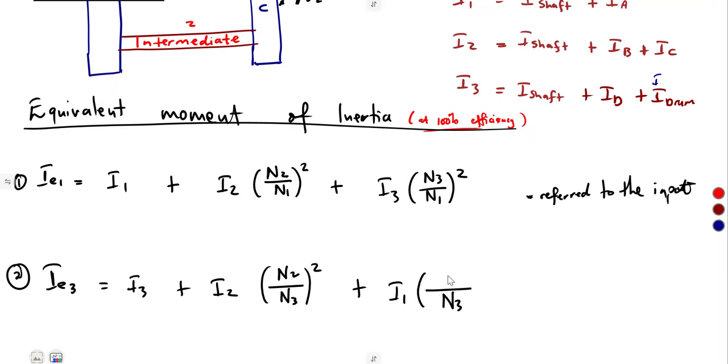From N1. So it's going to be N1 over N3. Just like that. So as we can see, that is the effect that we have. It's now referred to the what? To the output. So N2 over N3, N1 over N3. That is what you have, referred to the output.